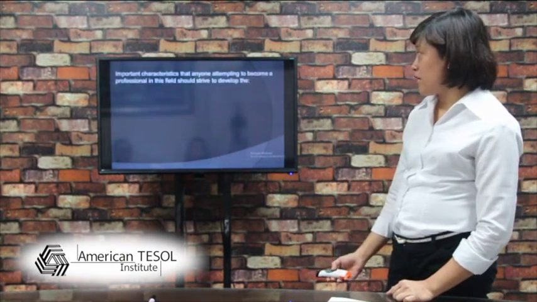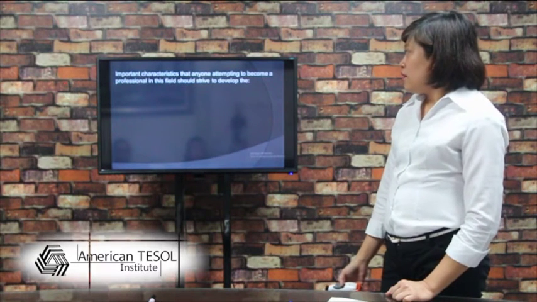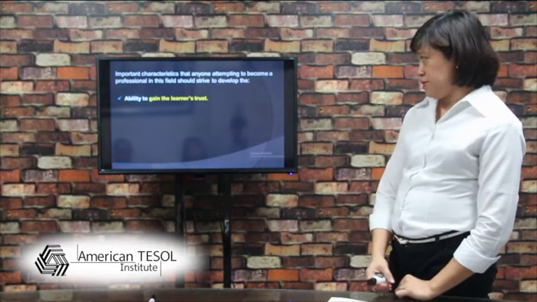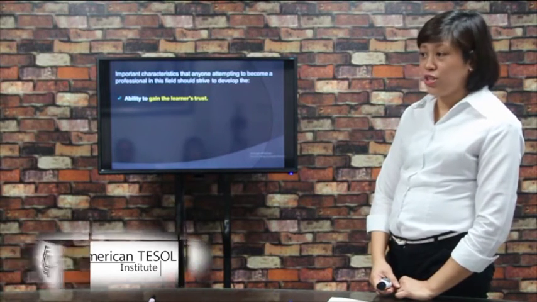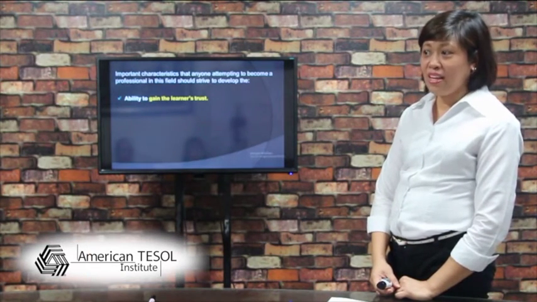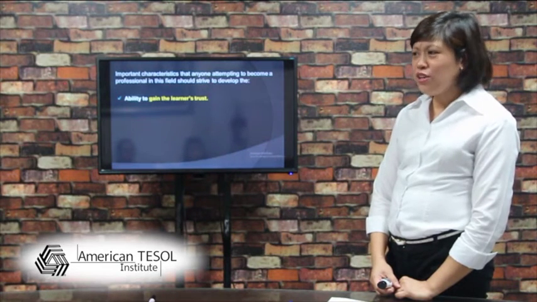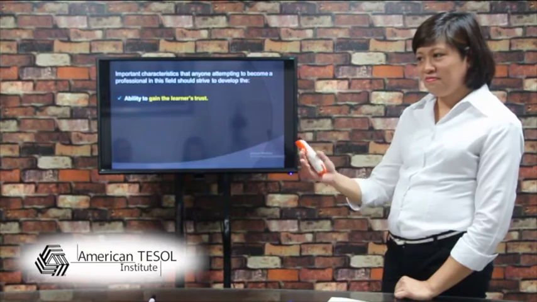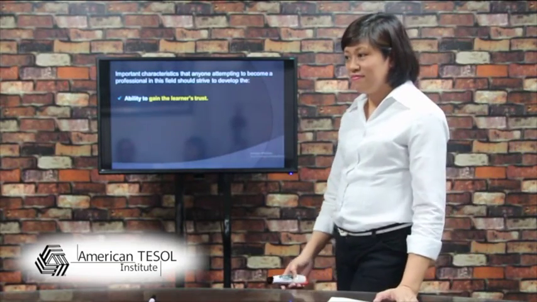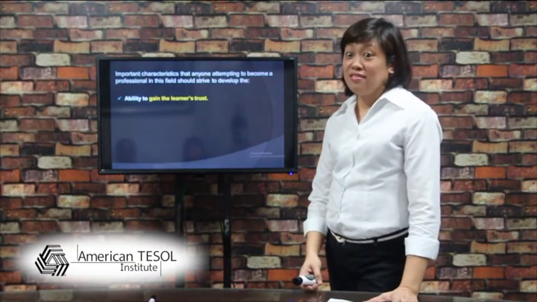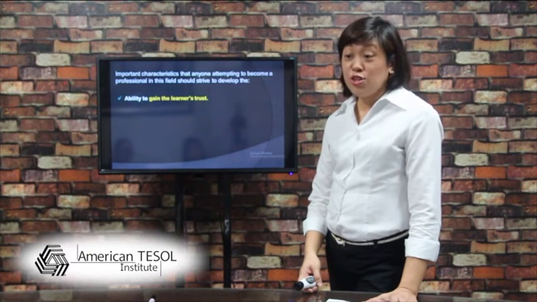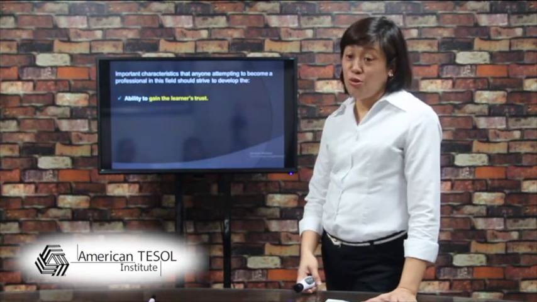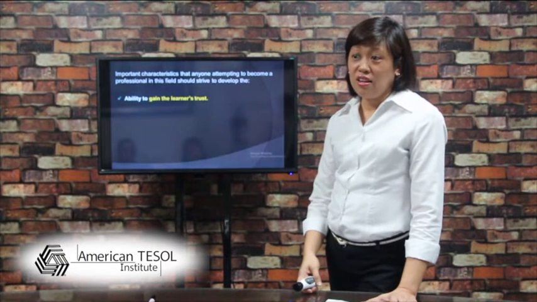Okay? So, important characteristics that we should develop are first, the ability to gain the learner's trust. Okay? Why do you think this is very important? Because you need to establish a relationship with students. Okay. So the students won't care how much you know until they know how much you care.